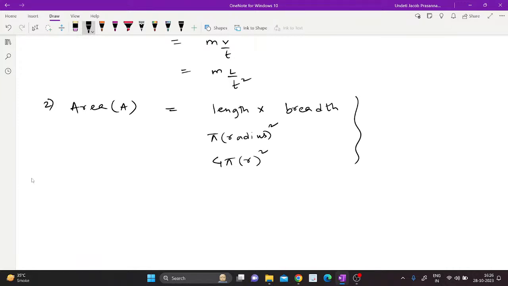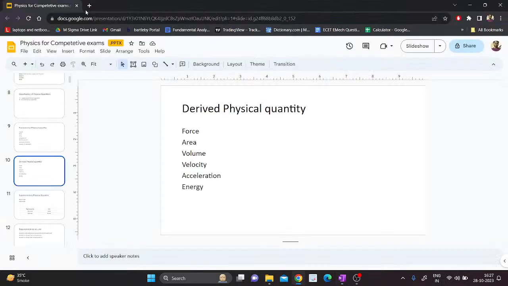Whatever you take, each of these is a fundamental physical quantity, so this area can be broken down into fundamental physical quantities. That's the reason why area is also a derived physical quantity.